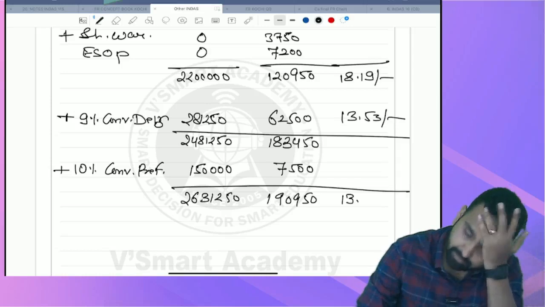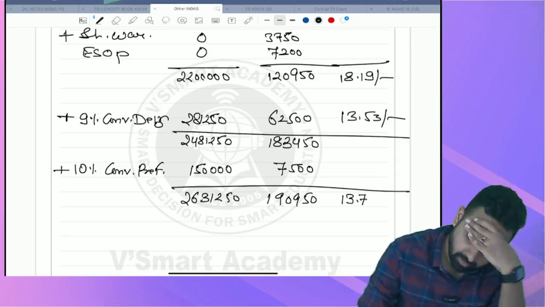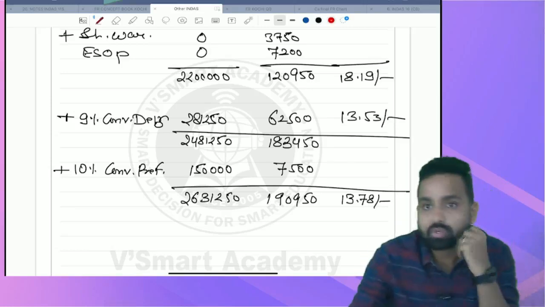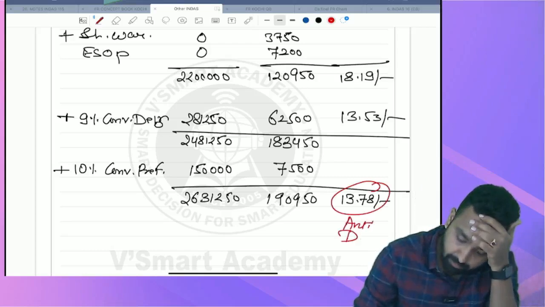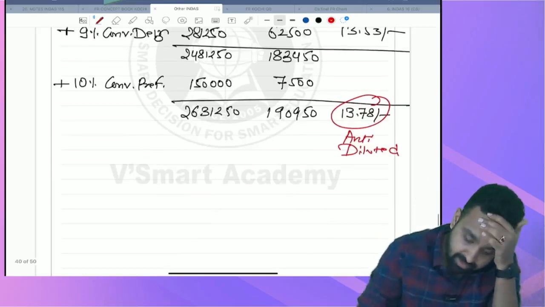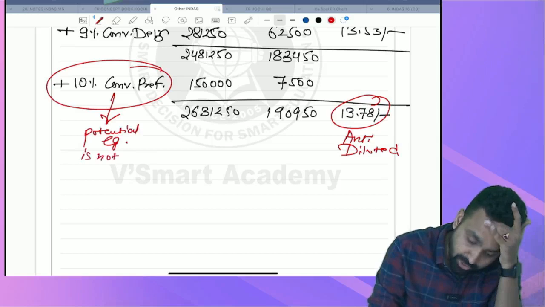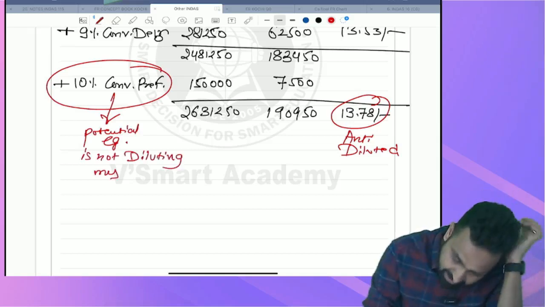The answer is 13.78. Compare it with the previous one. This is called anti-diluted. That means this potential equity is not actually diluting my earnings. The preference shares are not diluting my earnings.